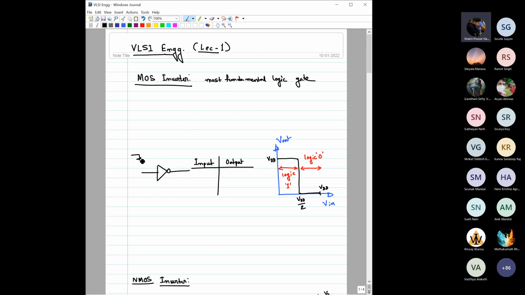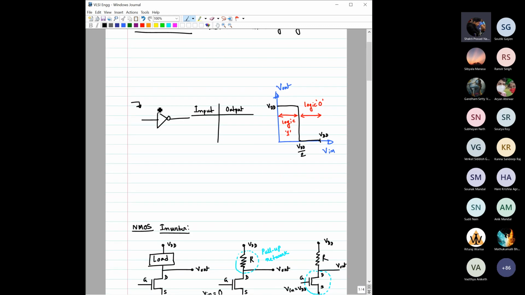Circuit symbol like this as shown here, right? This is the input, this is the output, and if you want to see in terms of truth table, then when this input is at logic 0, output would be logic 1. When the input is at logic 1, output would be at logic 0.